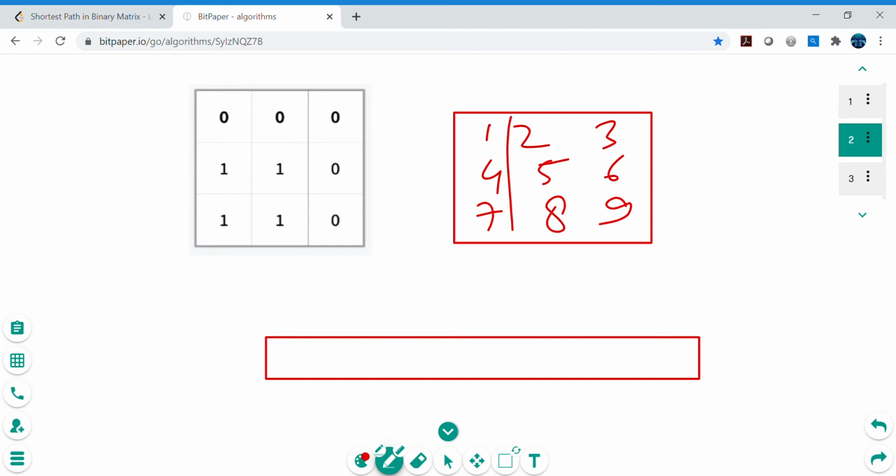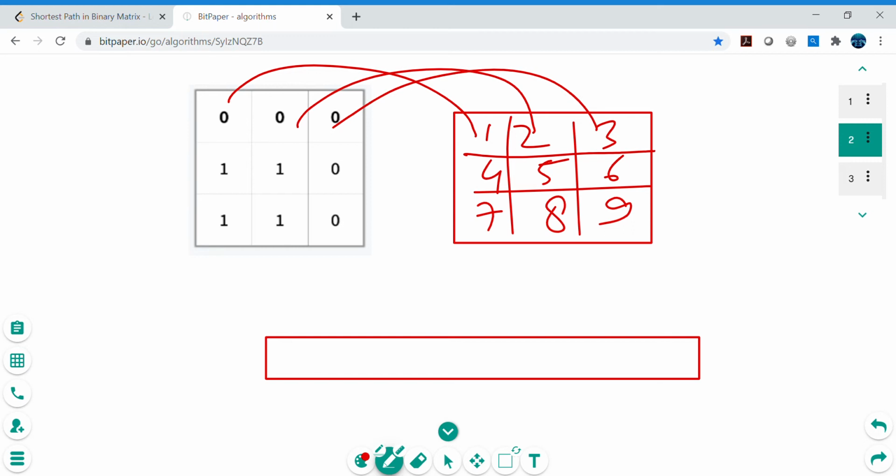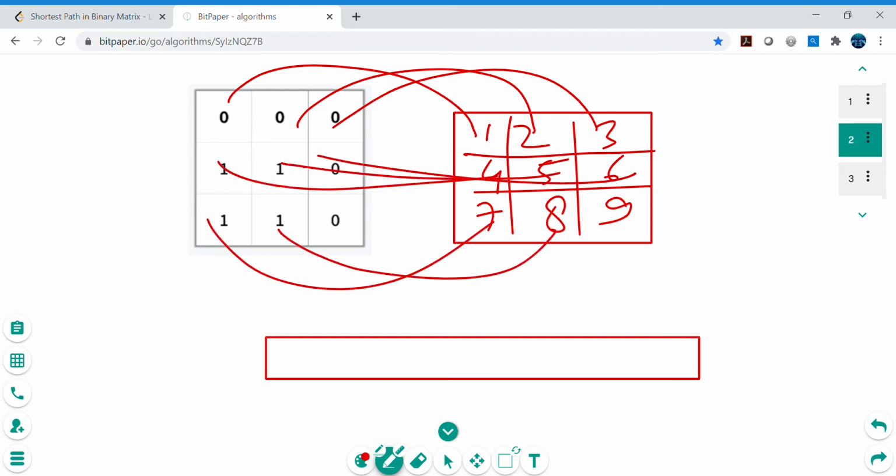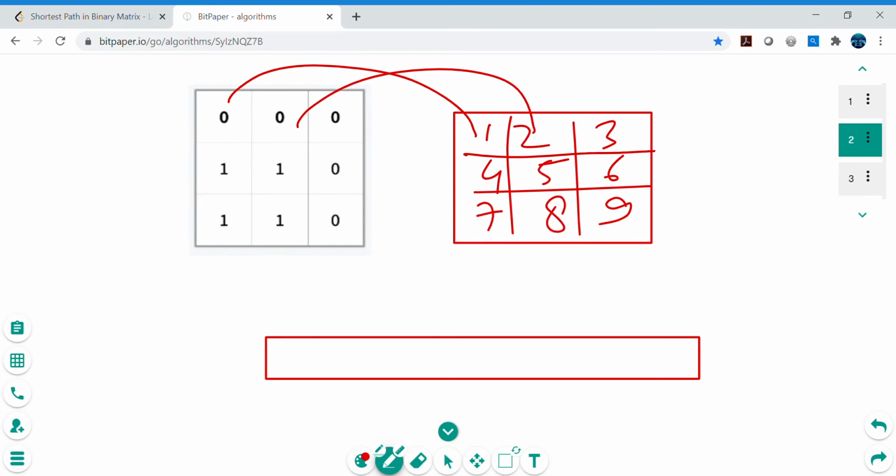I'm just taking these sequential numbers to represent the locations of each cell, so that it will be easier for us to point out. This is the 1st location, this is the 2nd location, this is the 3rd, the 4th, the 5th, the 6th, 7th, 8th, and 9th location. So that's the mapping of the locations to understand the concept. All right, so we started from the 0 0 cell.